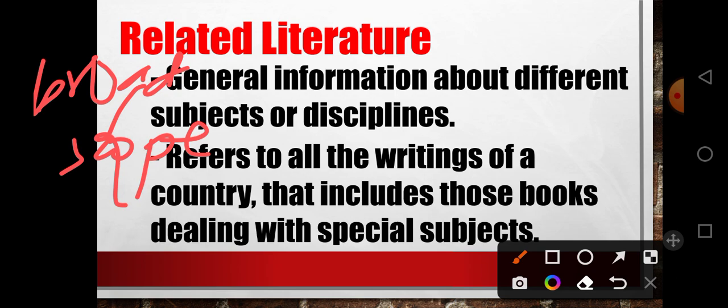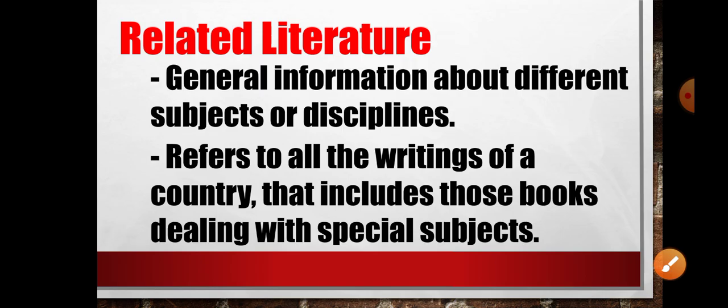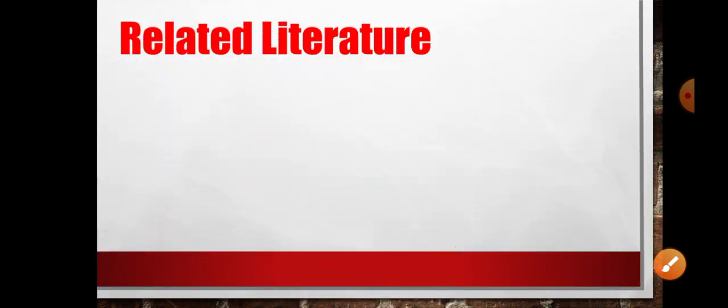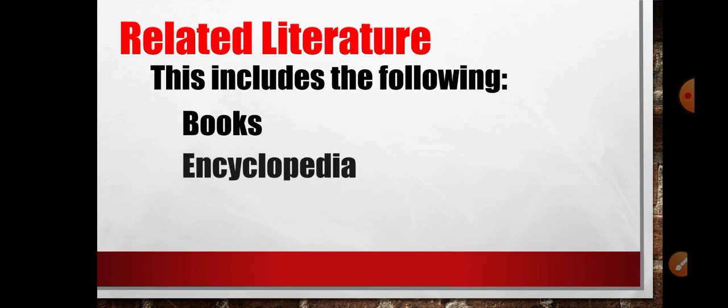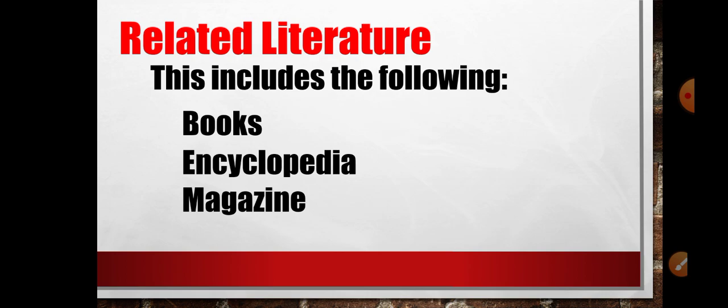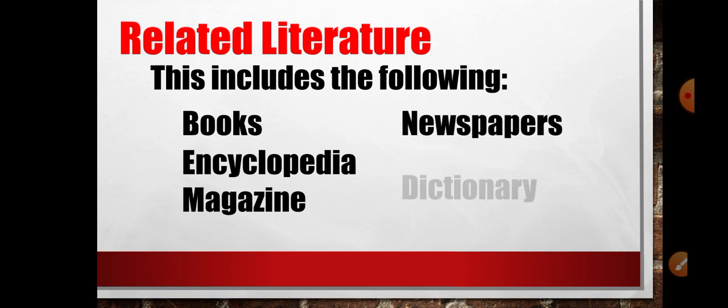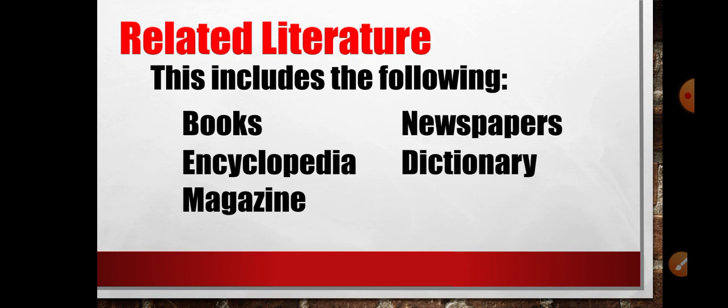And what are the examples of related literature? We have the following. It includes books, textbooks, workbooks, encyclopedias, magazines, newspapers, and dictionaries. So these are the examples of related literature.